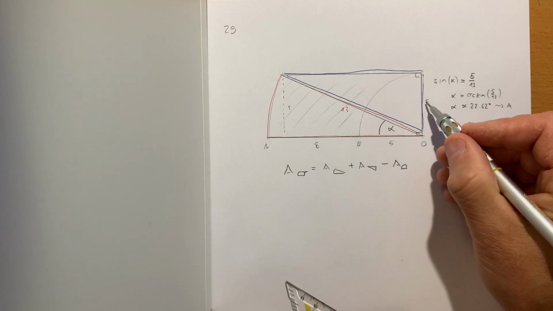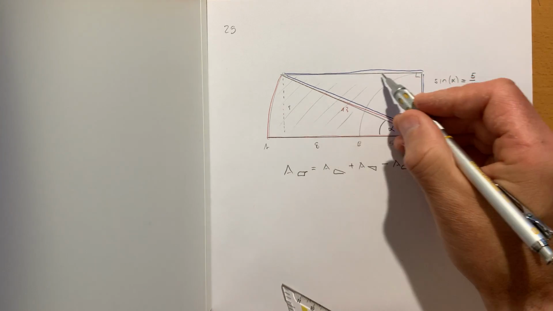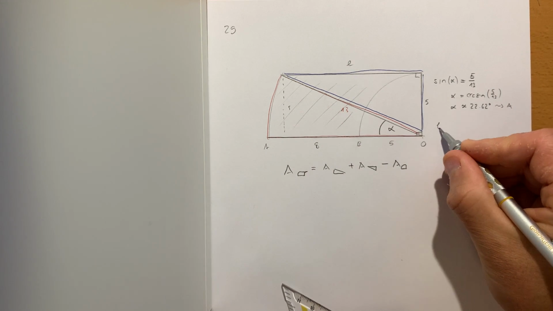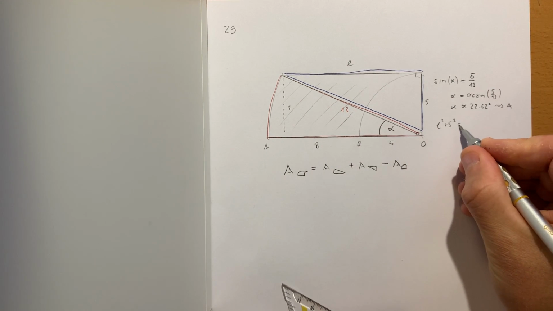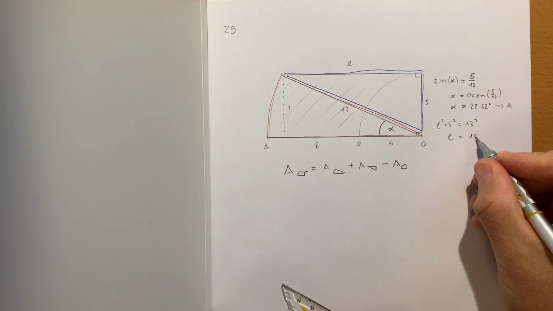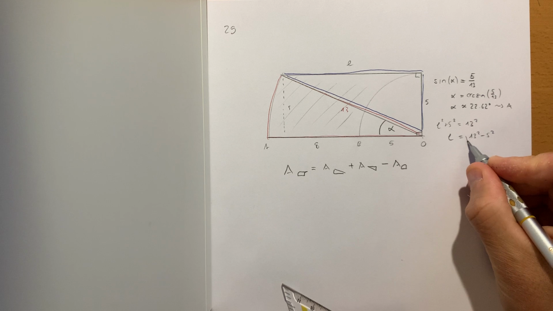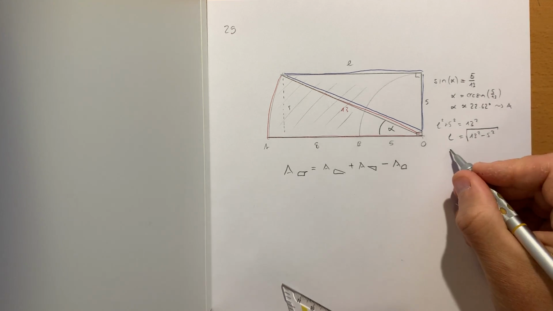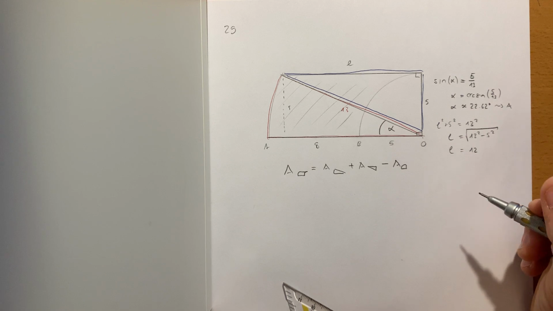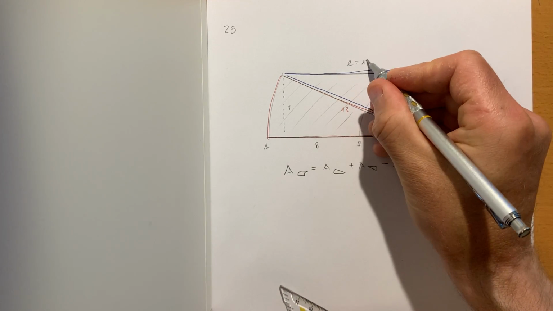So once you know that this is 5 and this is 13, you can work out this length up here. Let's label that L. So L squared plus 5 squared is 13 squared. That means L is the square root of 13 squared minus 5 squared. If you type that in, you're going to get 12. So that will be 12.